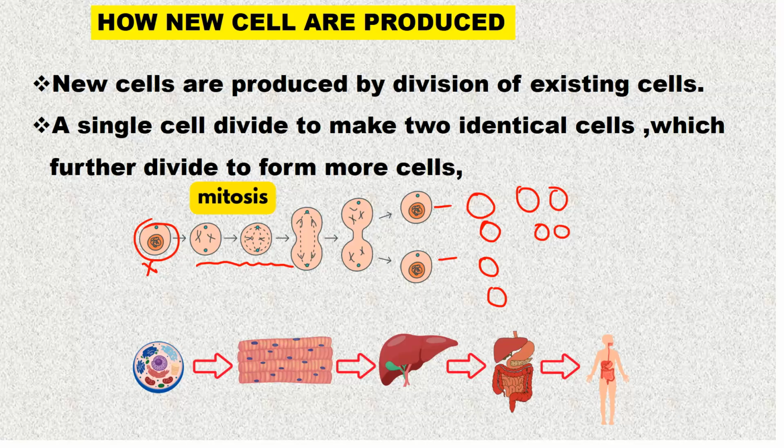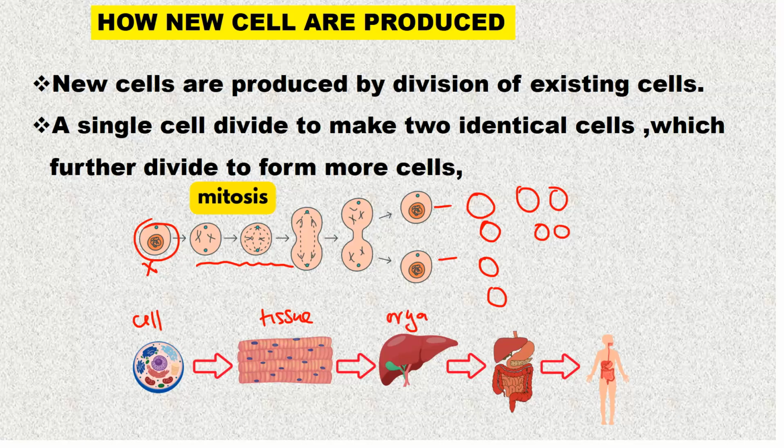Now, if we are to follow it, it all starts with the smallest part, which is the cell. From a cell, it forms a tissue. So here what you are able to see is the tissue. We have an animal cell here. Then we have the muscle cells here, which is a tissue because it's made up of a group of muscle cells. Then, of course, from a lot of tissue forms an organ, and we have a liver here as an organ.